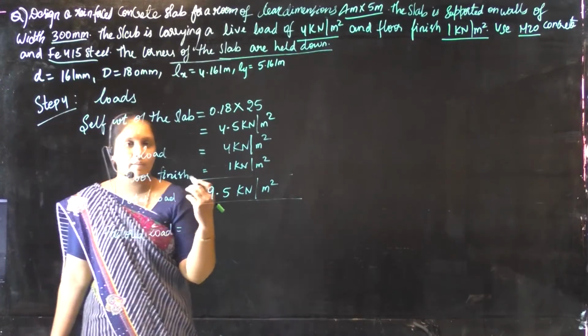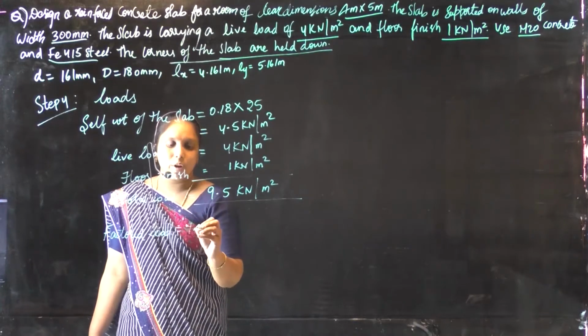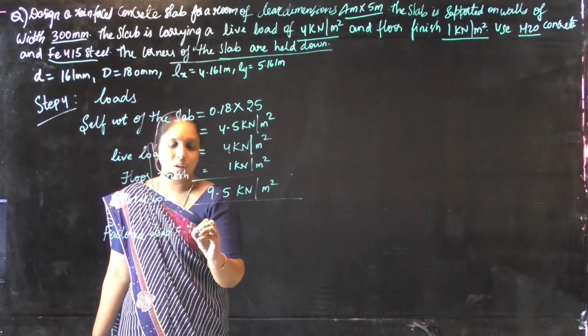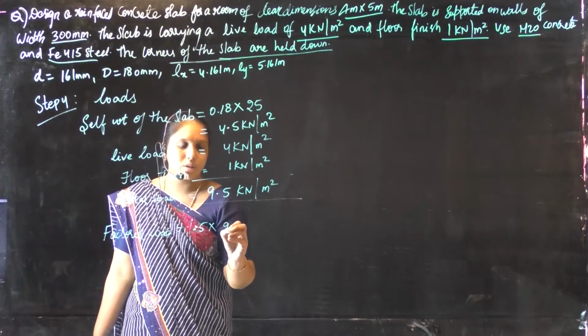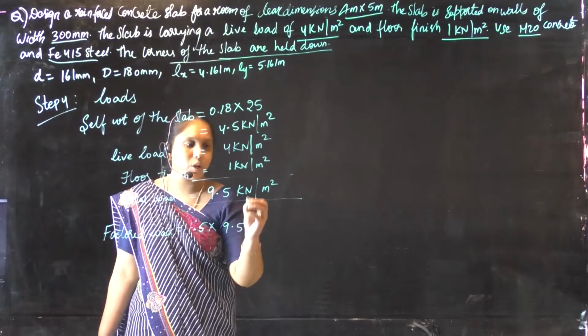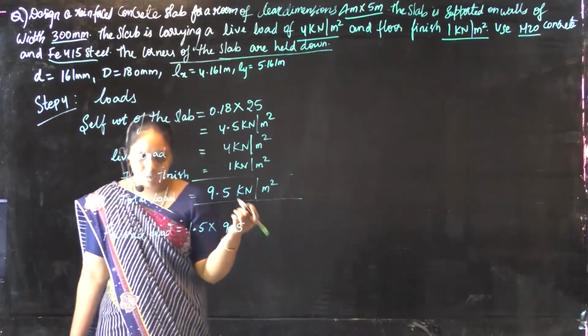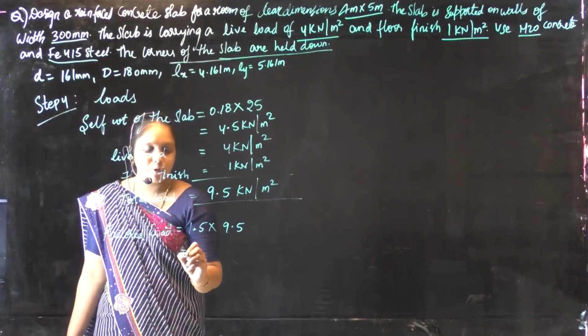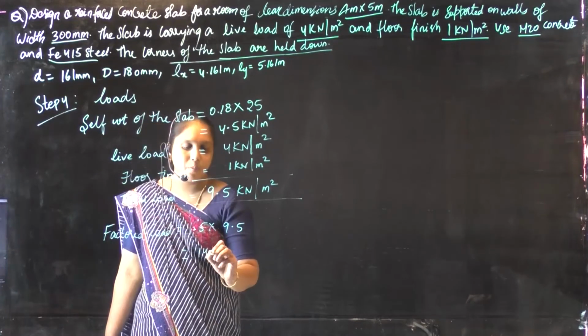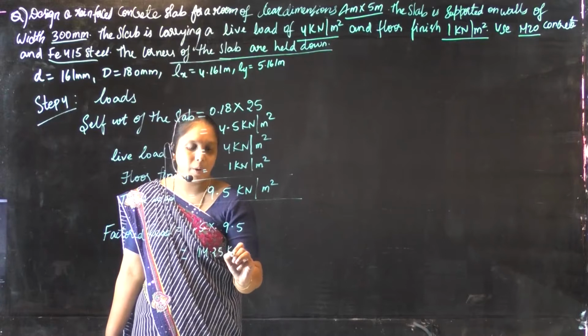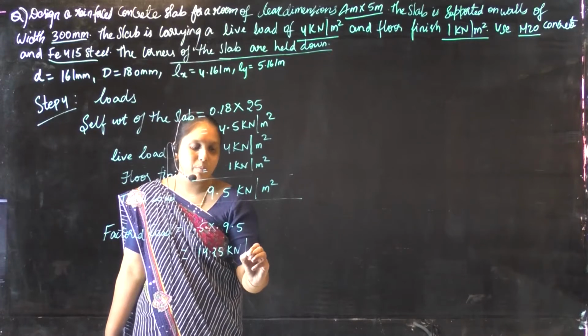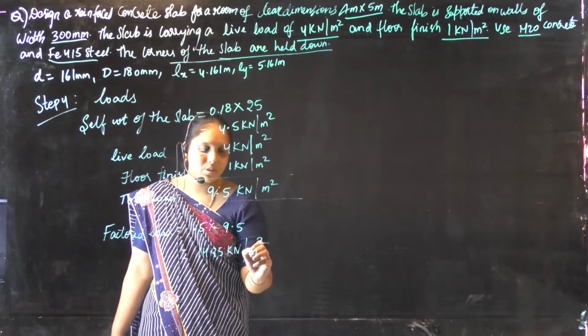How will we calculate the factored load? It is 1.5, that is the load factor, into the total load. The total load is 9.5 kilonewton per meter square, which will give you a value of 14.25 kilonewton per meter square.